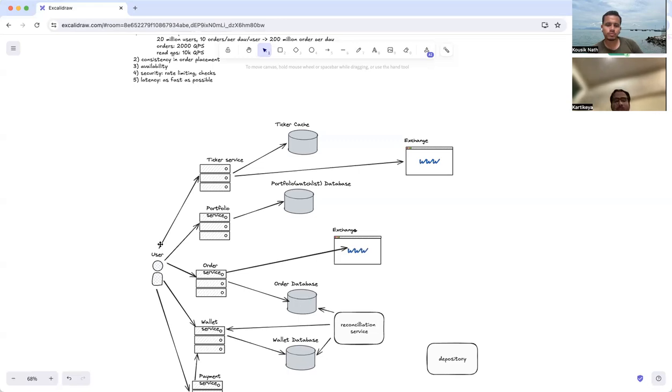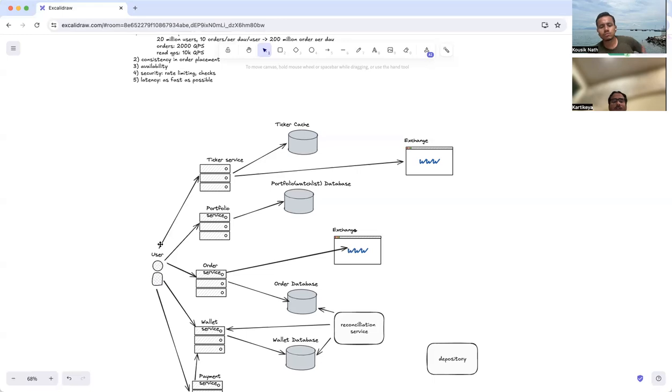Let's say the price changed at the exchange at 12 o'clock. 100 milliseconds later, the price should be reflected in the user's app. If we want to build that kind of system, where the price is propagated to the user very quickly, then we need to increase the polling frequency.